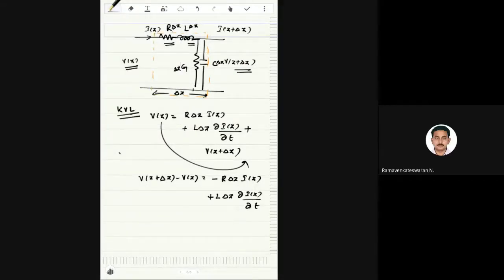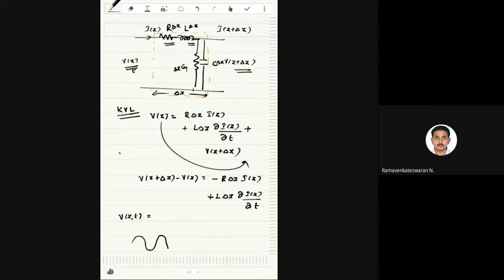Here I can write V of Z, or sometimes it is written V of Z comma t, because there is a time component also present in the variable. The sending-in voltage is normally dependent on two variables, because as I mentioned earlier, it will be like a wave.